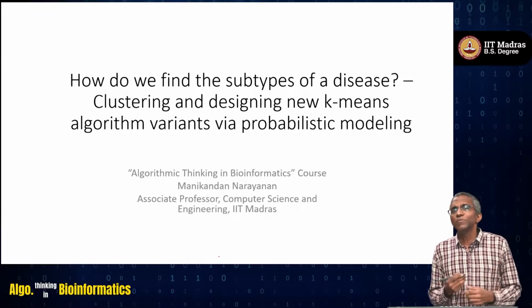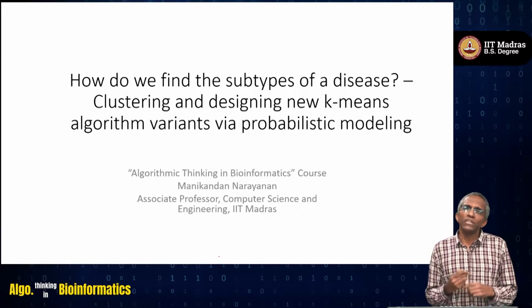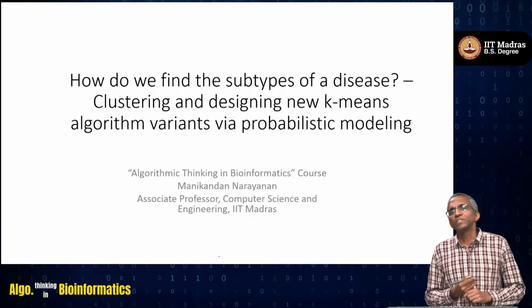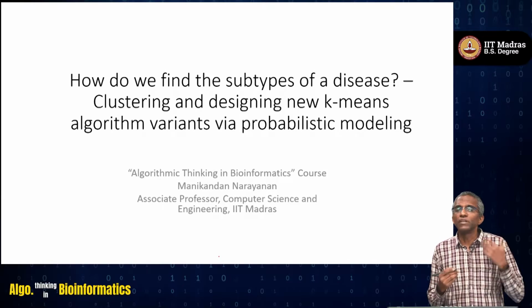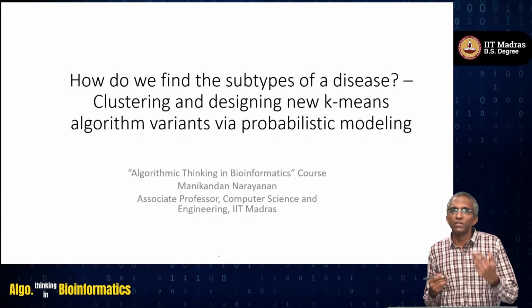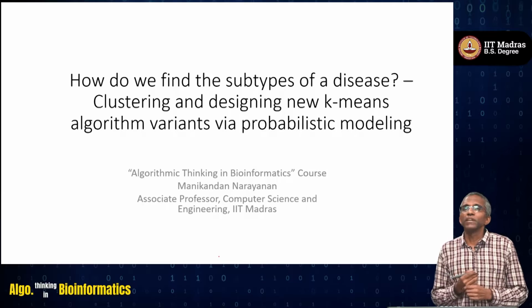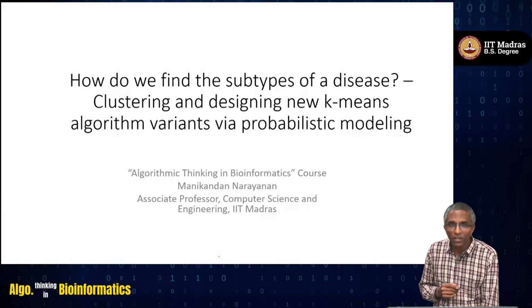You may have seen k-means in the earlier courses, but the emphasis here will be on designing new k-means algorithm variants using the notion of probabilistic modeling. That I hope would be something new that adds on to what you may have learned about k-means earlier. So that is a short intro to the session.